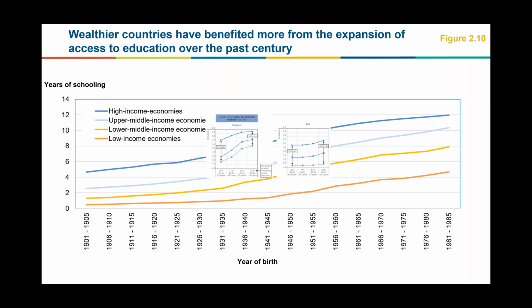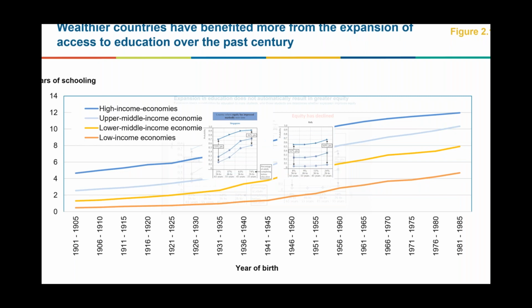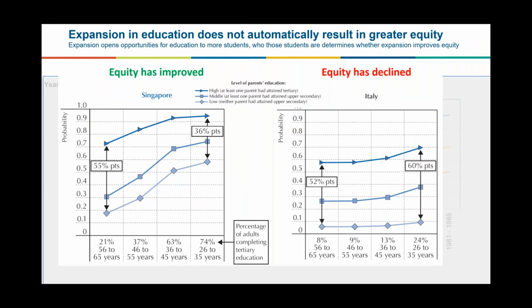One of the things that I already mentioned is that a rising tide doesn't automatically lift all boats. Compare Singapore and Italy. What you can see are three lines. The first, with the triangles, is the likelihood of students getting a good education depending on their parents having a high level of education as well. And you can see in both Singapore and Italy that probability has increased.